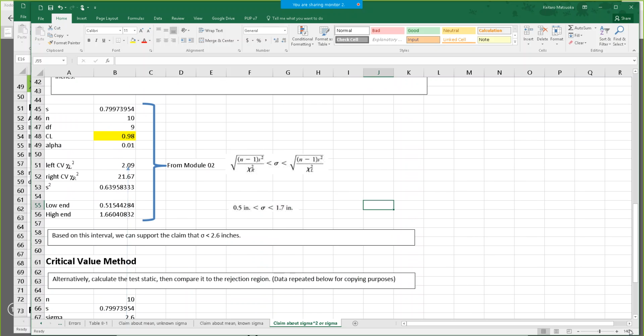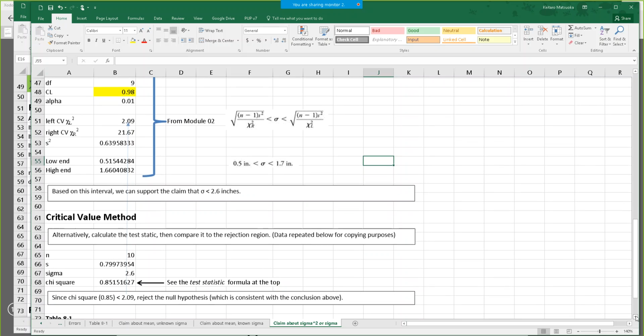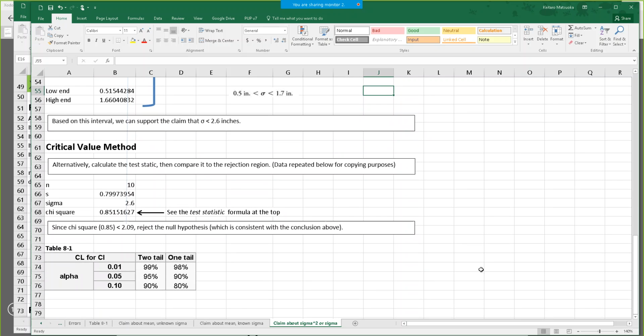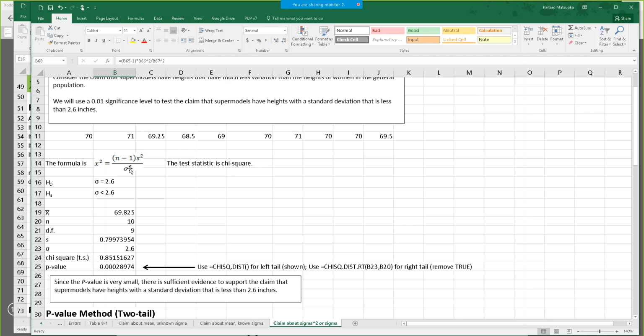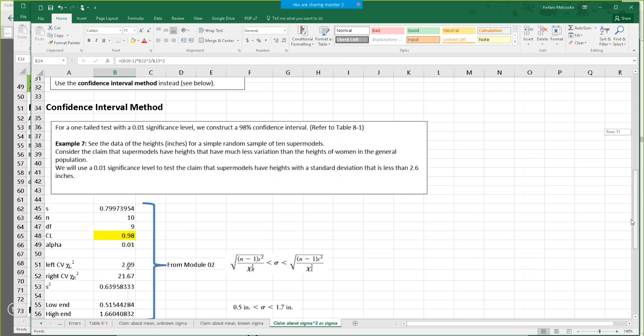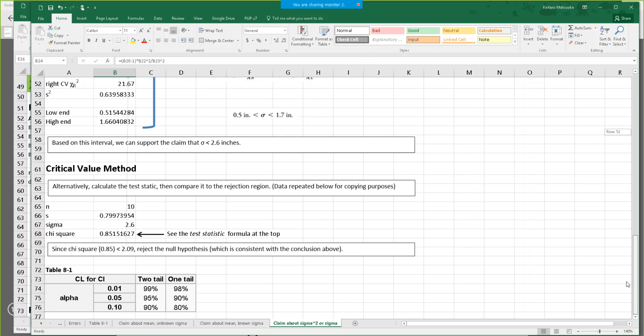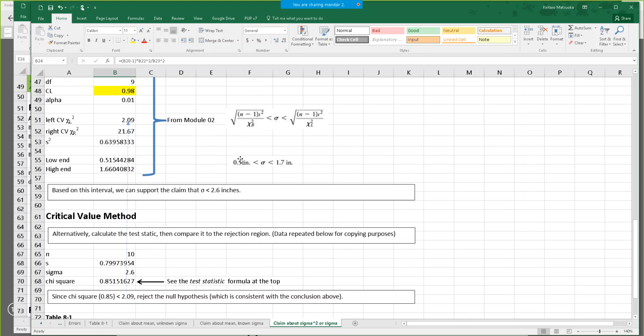Okay. So let's look at the critical value method. Okay. So again, it calculates the chi-square. So let's calculate the chi-square, which was up here. Where'd it go? Here. We already calculated that. And the critical value method, you calculate it up here in the confidence interval method, because as part of the confidence interval method, you have to calculate the critical values to the left and to the right.